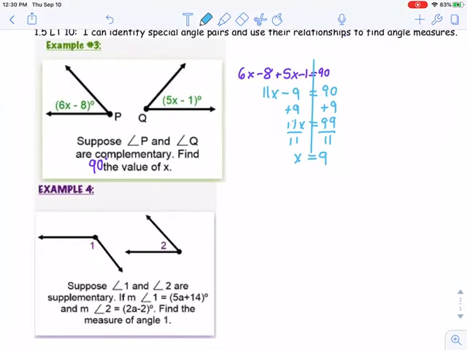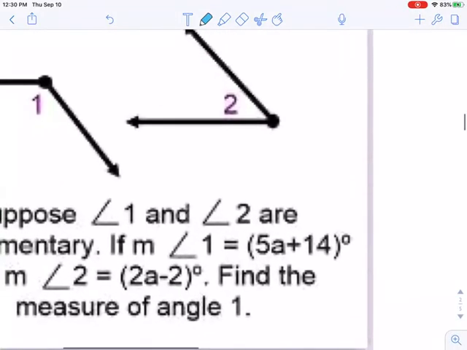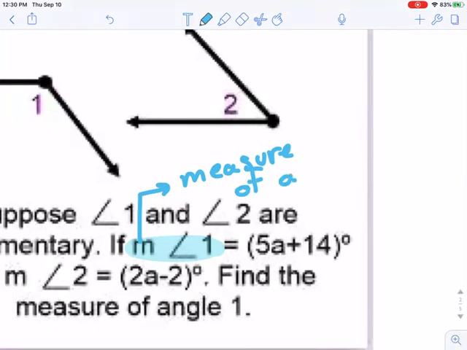Next one here, suppose angle 1 and angle 2 are supplementary. If the measure of angle 1 equals 5a plus 14 and the measure of angle 2 equals 2a minus 2, find the measure of angle 1. So let's just do a quick review right here. Remember this weird looking thing, m angle 1? This reads measure of angle 1.